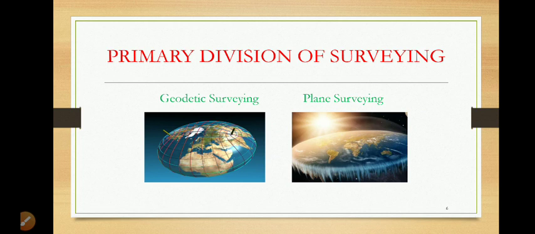If you want to take the distance between two poles, the line should be on a curve. Actually this is the real survey, but we are unable to take curved readings. It's a very difficult process, so sometimes we consider the surface to be flat. See the second diagram, that is a flat surface, that means plain terrain.